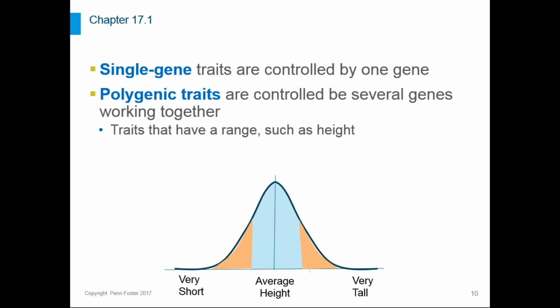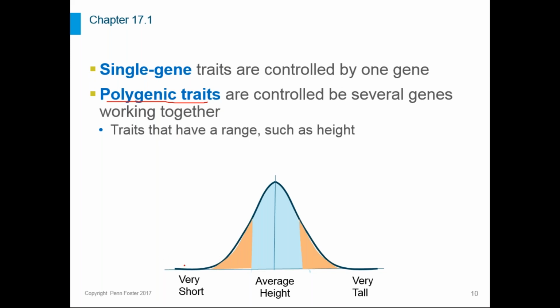If we graph the heights of humans, we get a bell curve. So a large percentage of people would have heights near the average, and a smaller percentage of people would have heights that are very tall or very short. So when we have polygenic traits, they tend to be like this, where we've got a whole range.